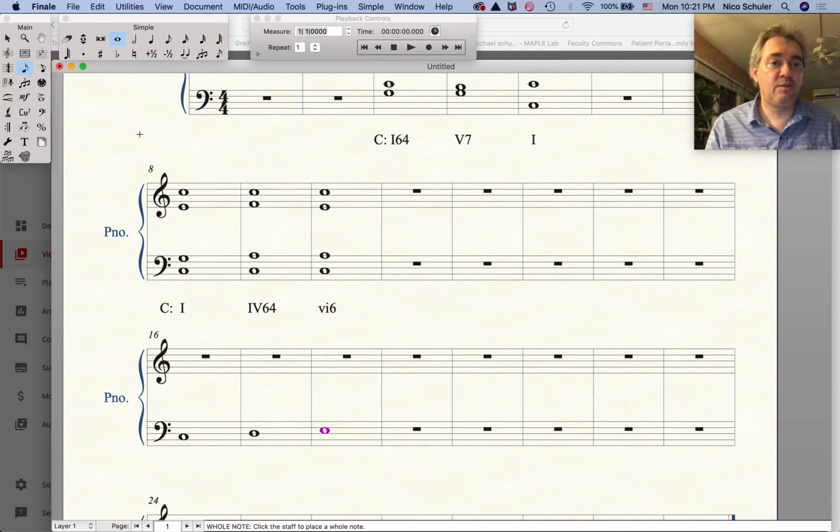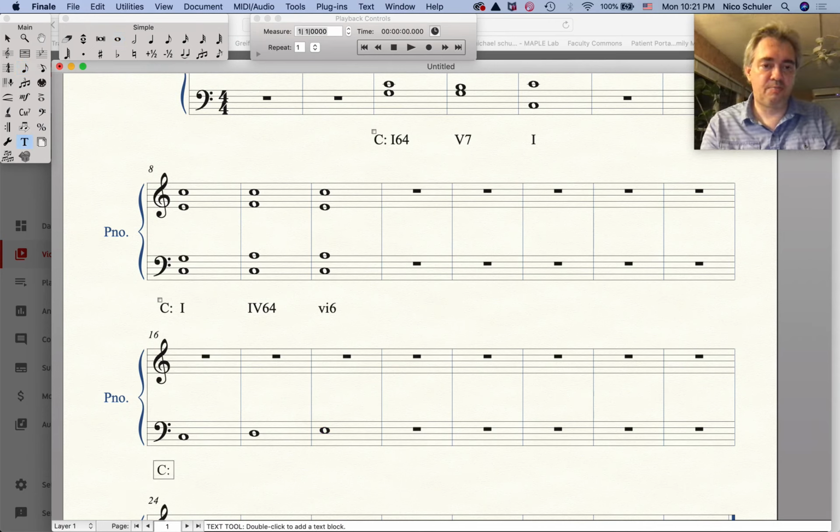Now this, if we are in the key of C, is actually quite common, because we can have 1 going to 5-6-4, going to 1-6.